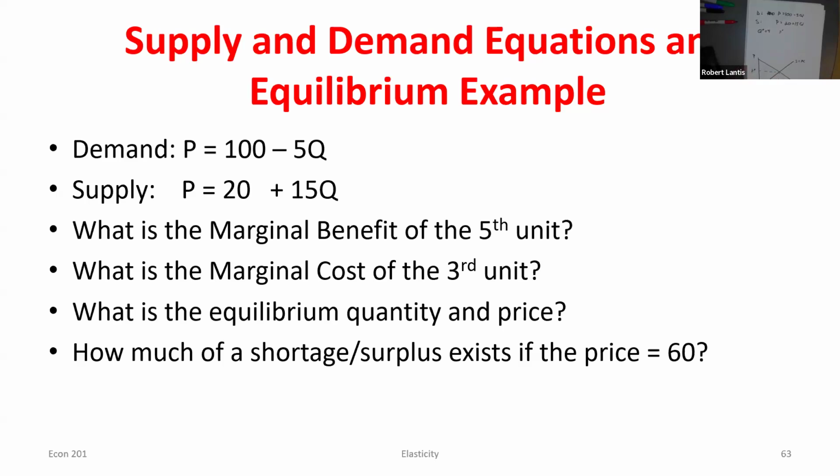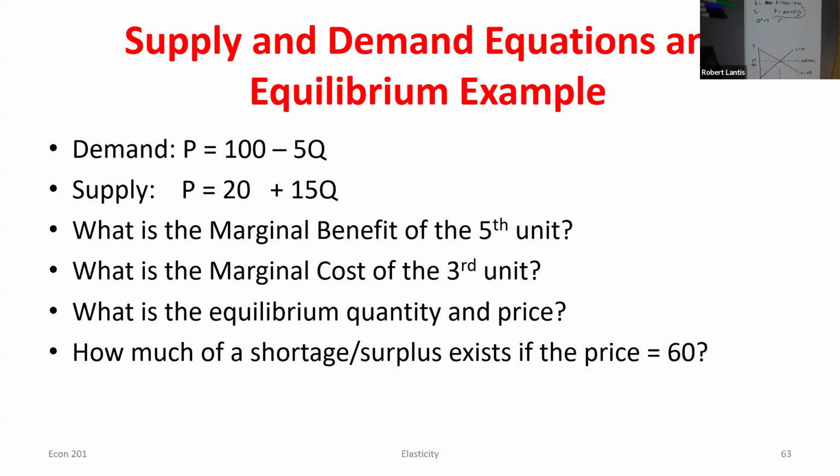We said the equilibrium quantity is where quantity supplied is equal to quantity demanded. It also happens to be, at that equilibrium quantity, the price at which marginal benefit of the last unit is the exact same as the marginal cost. Okay. So I plug this back in to either equation, and I get what? The equilibrium price here is 80.